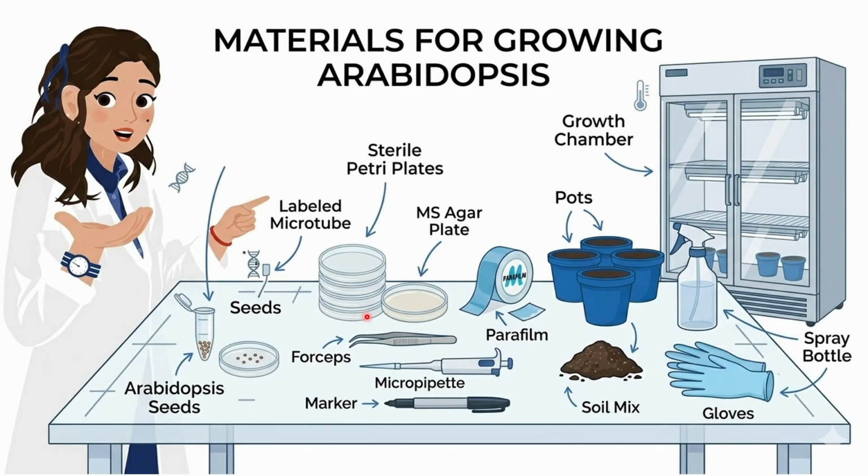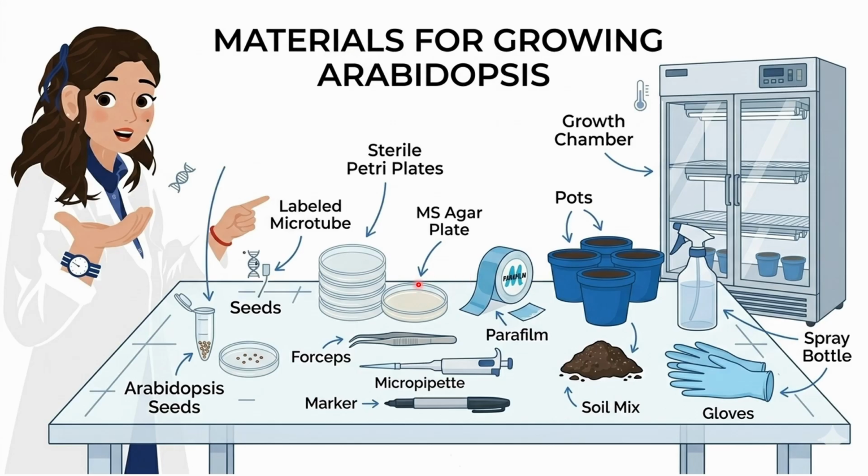Before we touch a single seed, we need to talk about the substrate. For all developmental studies, we rely on Murashige and Skoog media, a precise cocktail of macro and micronutrients. We solidify this with a high purity agar, which can be phytagel or agarose, to give us a clear view of the root architecture. But here's where it gets practical.